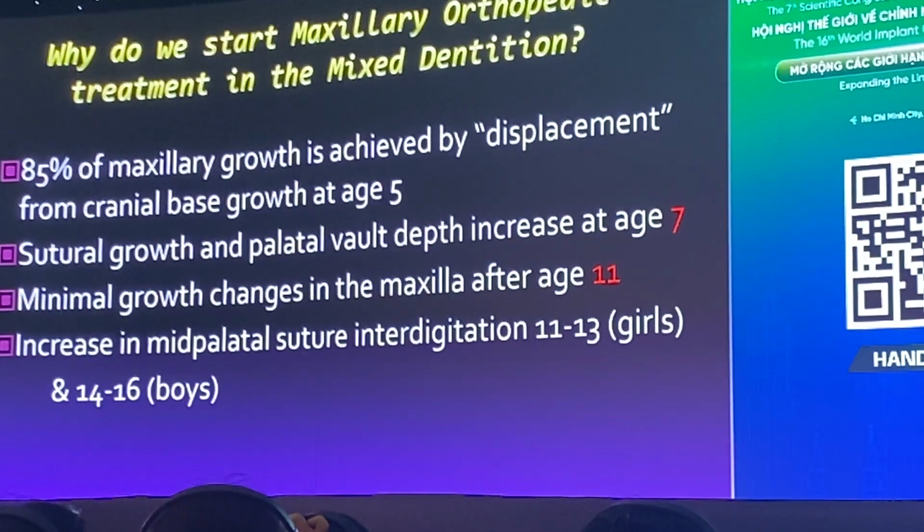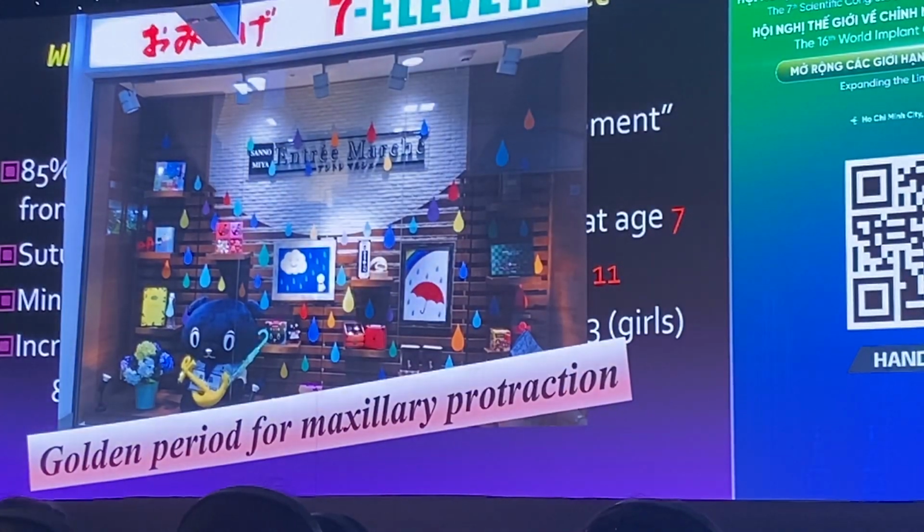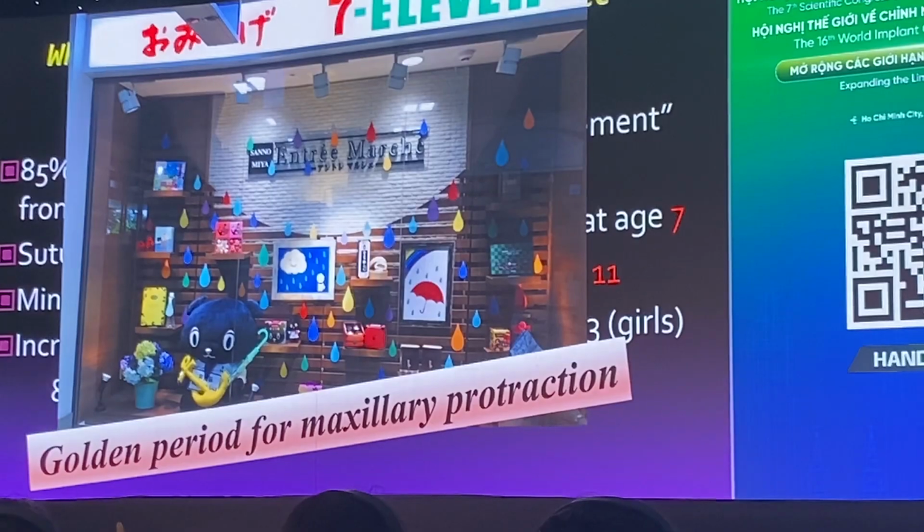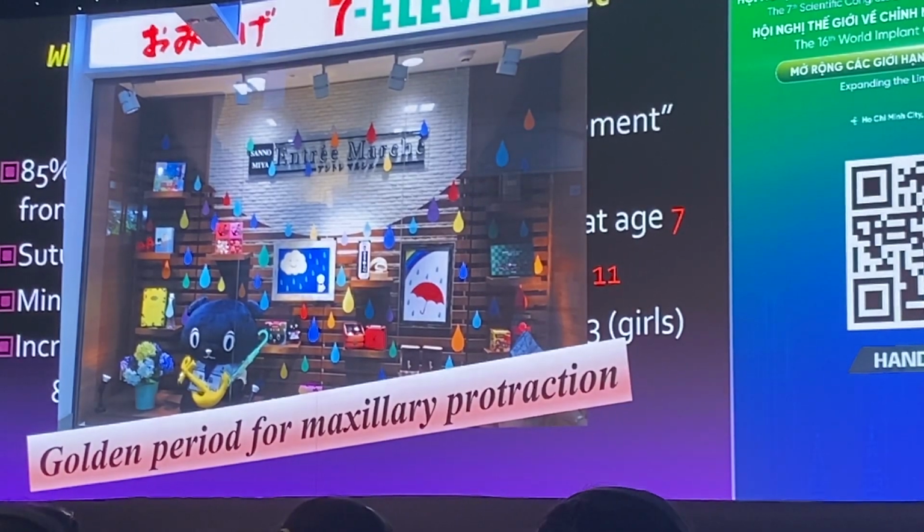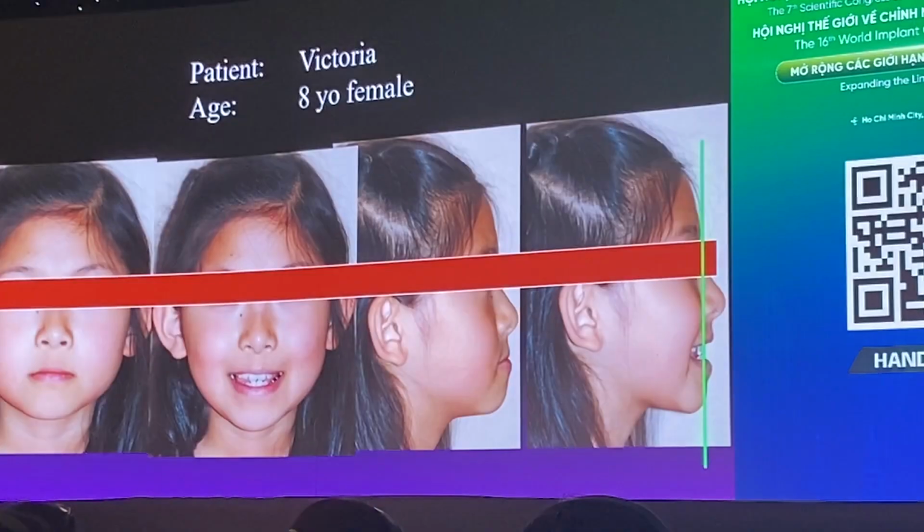So the golden time for maxillary protraction will be 7-Eleven. Do you have one in Vietnam? 7-Eleven? So next time you see a 7-Eleven, yes, that's the time to expand and protract. Okay, remember that. So that answers your first question.